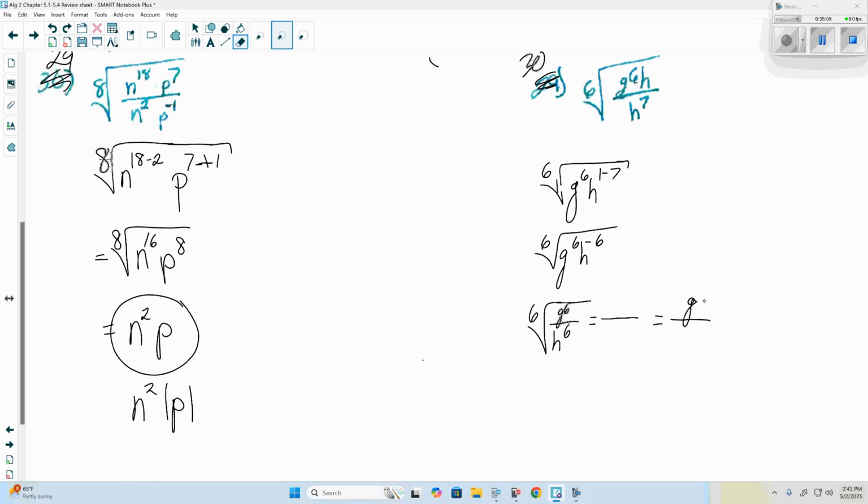How many groups of 6 can we take out of h to the 6? 1. G over h. Now we could have put an in-between step and said that we have the 6th root of g to the 6 over the 6th root of h to the 6, which is still just g over h. We get the same thing. It's an even root, so we would put absolute values around the whole thing to make sure it stays positive, but again, I would take g over h.